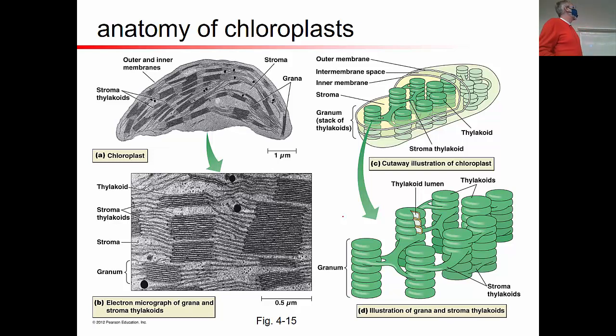Chloroplasts are actually super cool when we look at them because they have all these neat internal membranes. So there's an outer membrane and an intermembrane space. And in this case, that intermembrane space is not of any interest to us. The protons don't move into the intermembrane space. The interior, what would have been the cytosol of that ancient bacterium, we call the stroma.